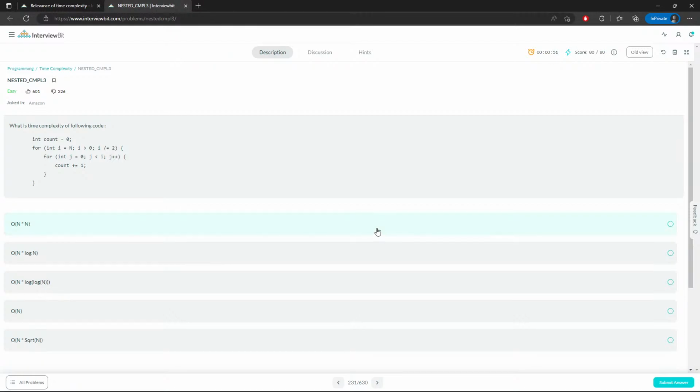And in the inner loop, we're having j equal to 0, j less than I, and j plus plus. Not really sure what to do here.